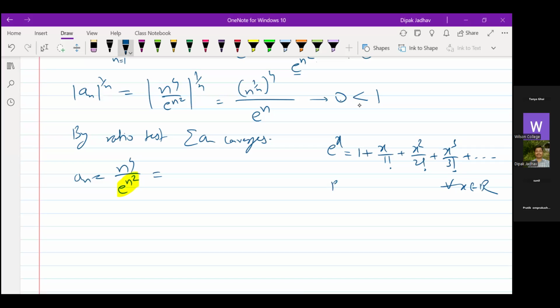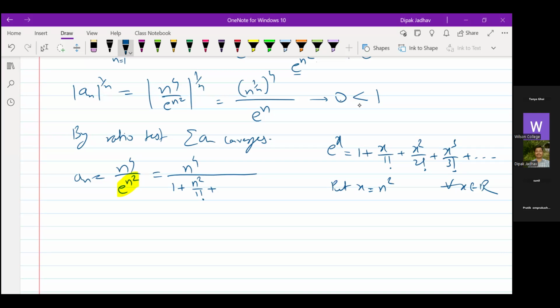Yes. Put x is equal to n square in this expansion. So what I'm going to get? Numerator n raised to 4. I'll just write a few terms. 1 plus, what will be the next term? n square upon 1 factorial.